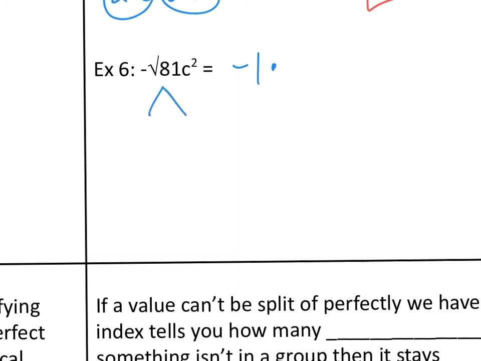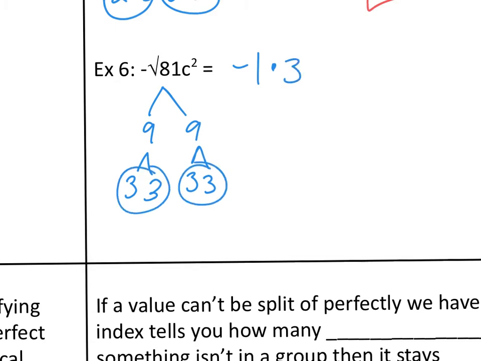81, what could we break that down to? 9 and 9. 9 breaks down to 3, 3. Okay. Group sizes? 2. So I've got what? 3 times 3. 2 groups of 3.